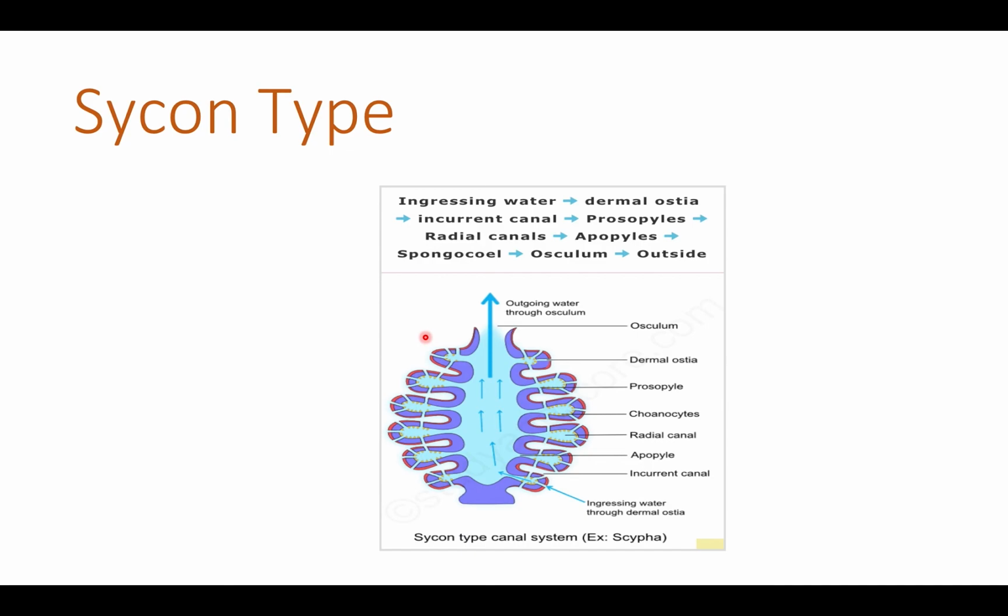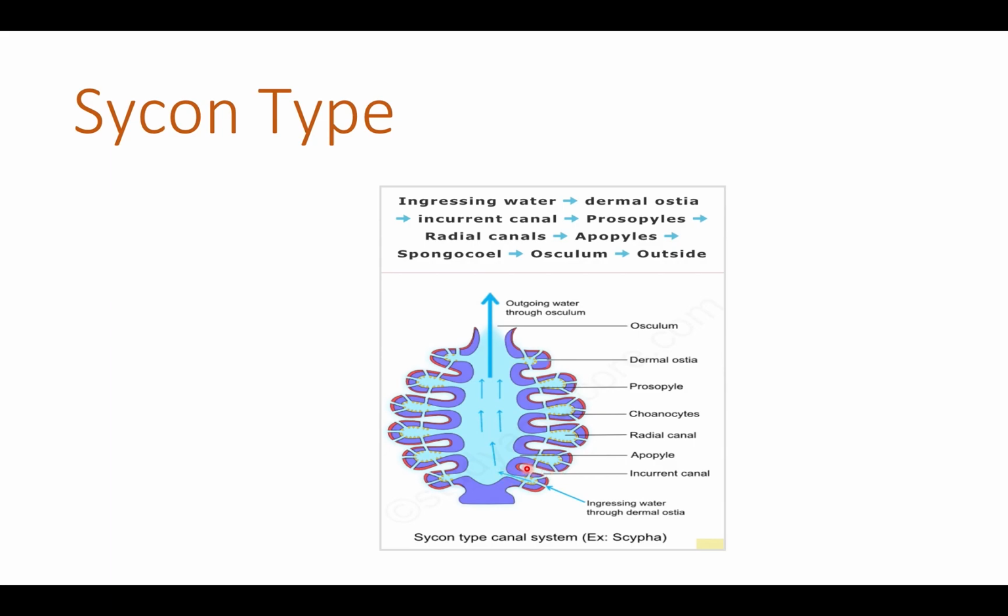In the body wall of syconoid sponges, there are two types of canals, that is incurrent and radial. So here you can see this is an incurrent canal, and then there is a radial canal.